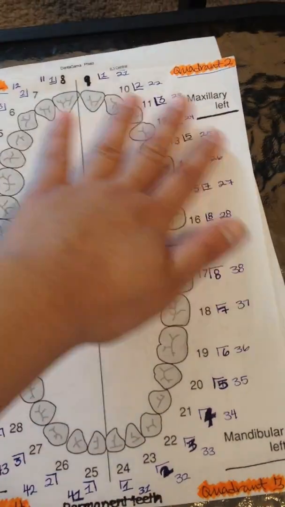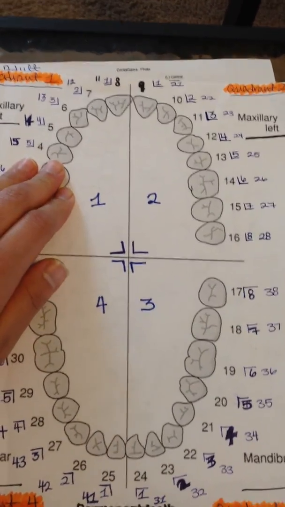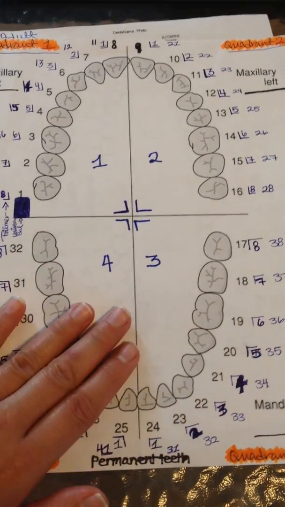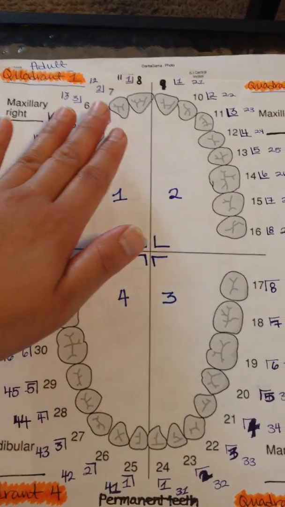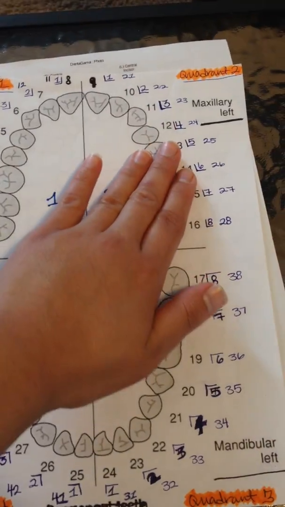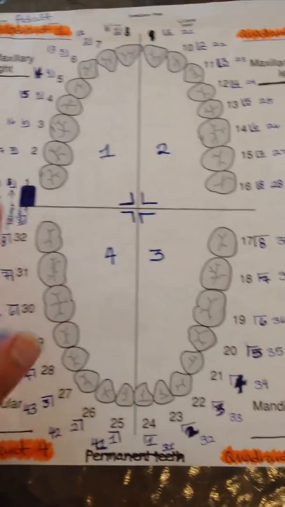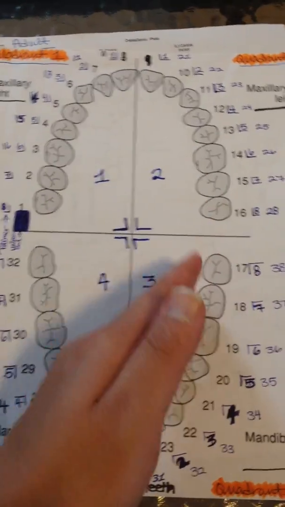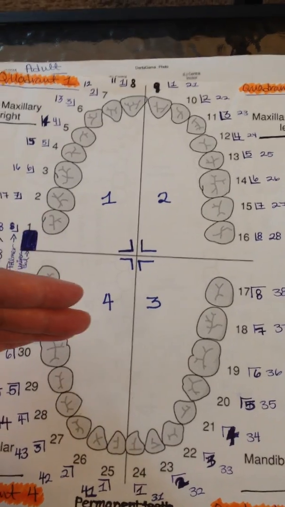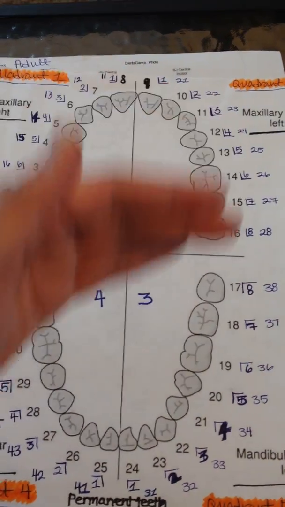So all the upper teeth are called maxillary, all the lower teeth are called mandibular. And then you have maxillary right, maxillary left, mandibular left, mandibular right. But still you have 4 quadrants that we divide into. And then the 2 halves, as we call maxillary and mandibular.